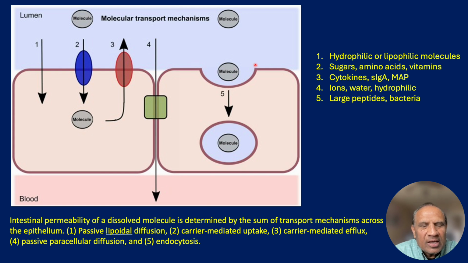The last way the material from the intestinal lumen can get into the intestinal cell or the wall is endocytosis. Endocytosis is that material, which may be either bacteria or toxin or large peptides, can be engulfed by the cell wall and then, quote, swallowed in.